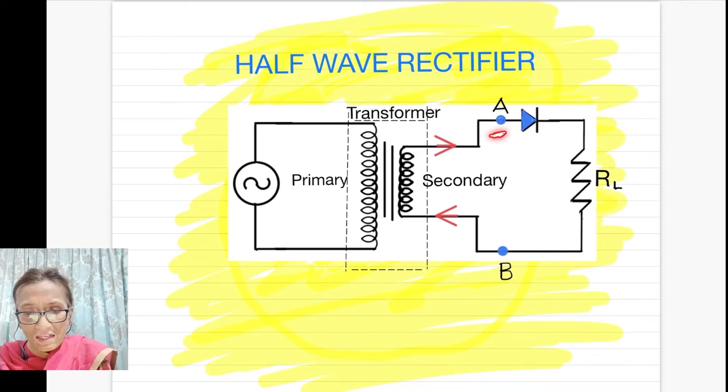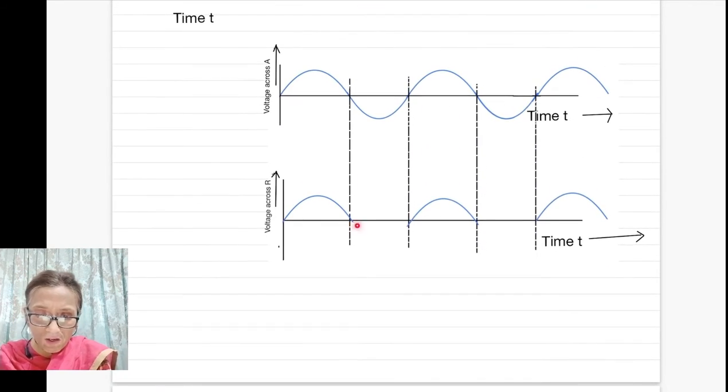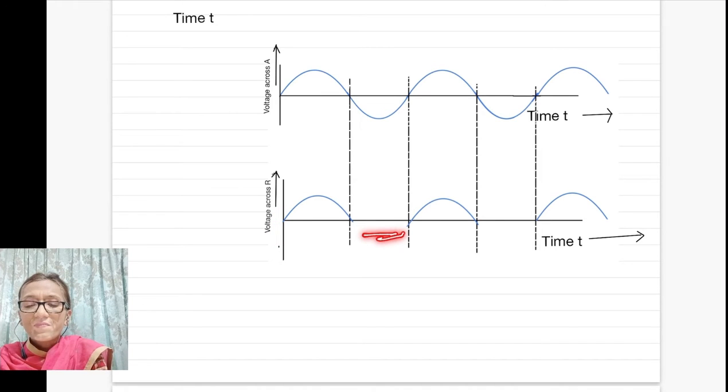But when this point comes to negative potential for the second half time period, it does not allow current. So current also does not flow through this load resistor, and therefore for the second half time period, current is absent, voltage is absent.